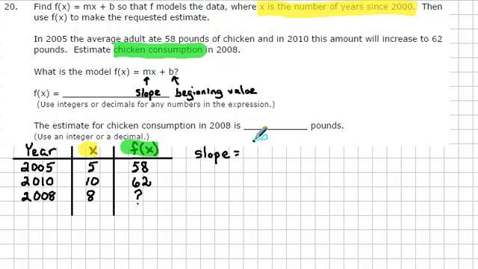So we'll want to find the function value at our second value of x minus the function value at our first value of x, and then divide by the second input minus the first input.